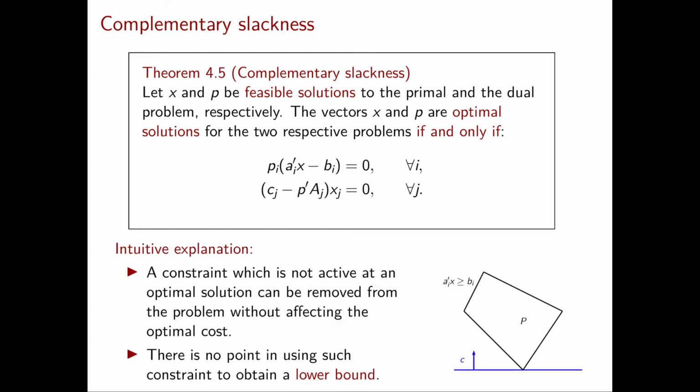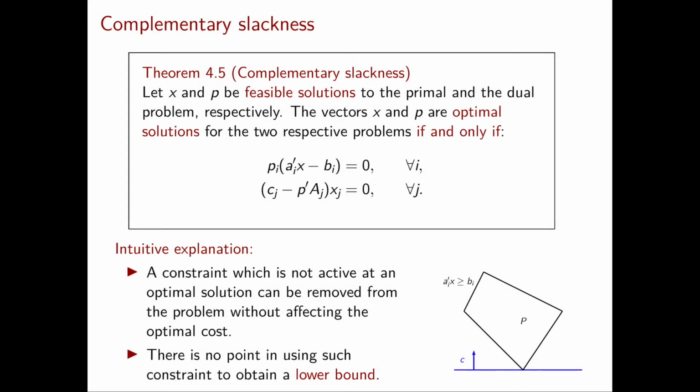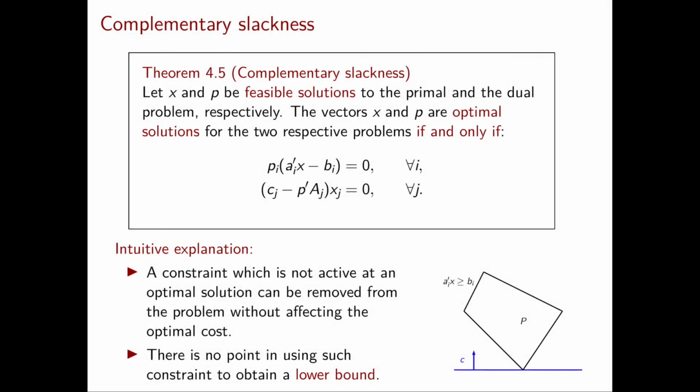And this fact has a clear geometric explanation. First, note that setting p_i to be equal to 0 means that we're not using the corresponding primal constraint to obtain a lower bound. So our complementary slackness condition tells us that we don't need to use such a constraint to obtain the optimal lower bound, which is the highest lower bound.